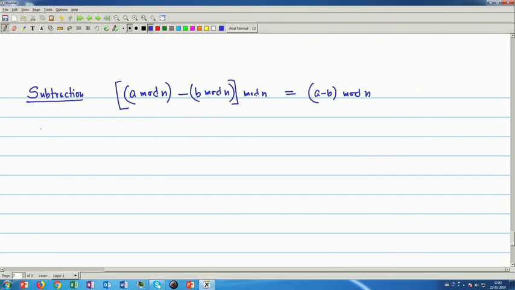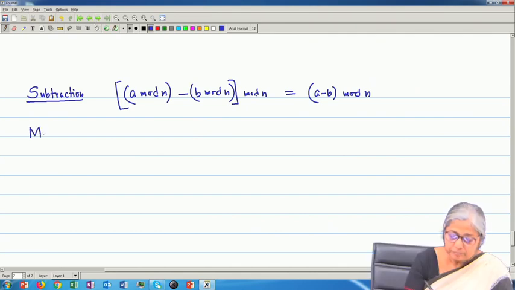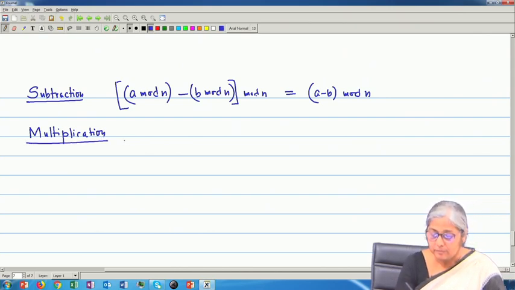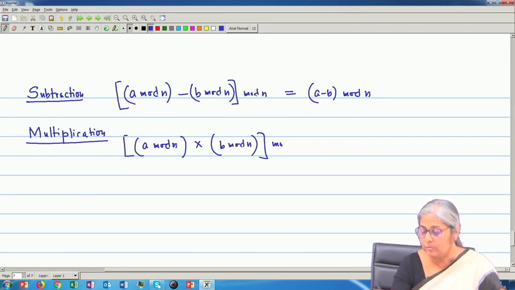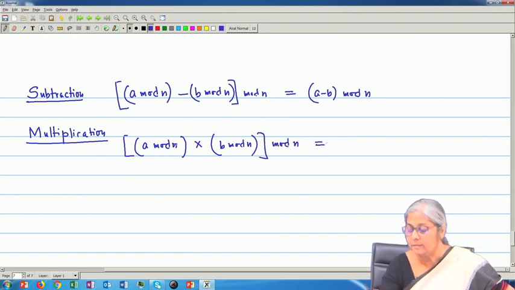So, if I write the multiplication property, that we have to read: a modulo n into b modulo n, we take again modulo n, is A into B mod n.